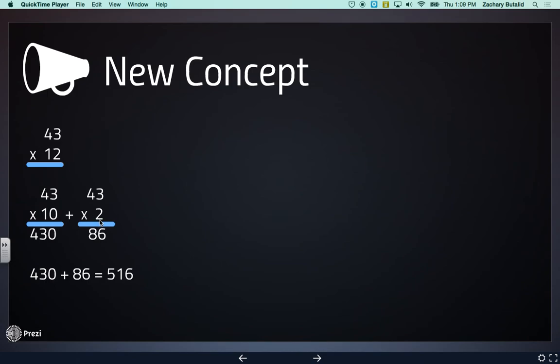So now that we have 10 plus 2, I basically multiply 43 by 10 and 2 times 43, and what we have is 430 plus 86. And that's what we have here, and we find that our sum is 516. When we multiply by a two-digit number, we do not need to separate the problem into two problems before we start.